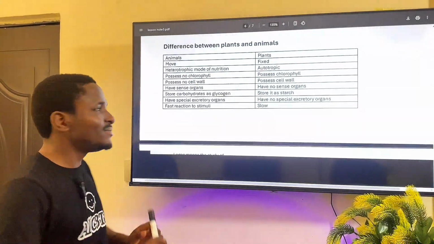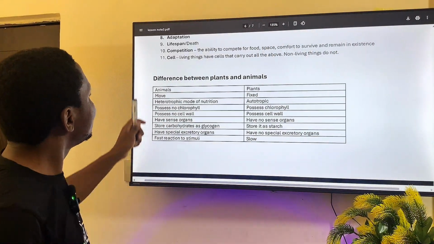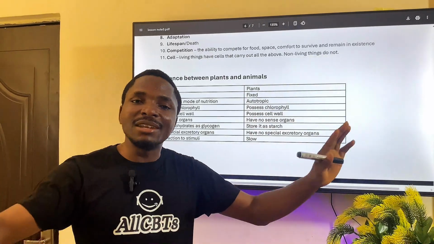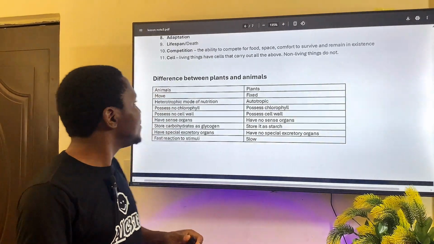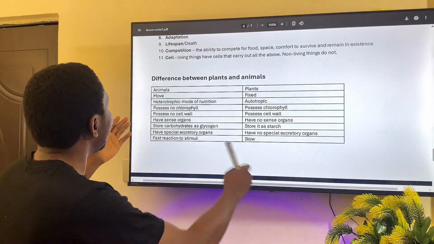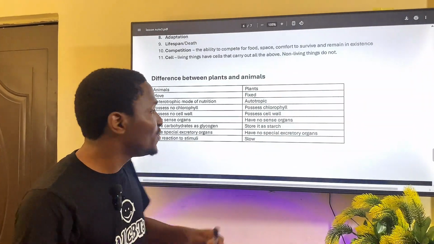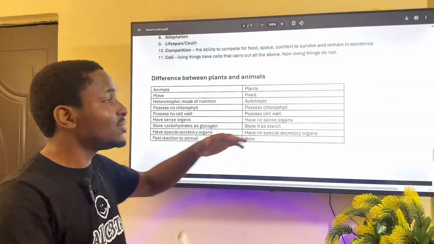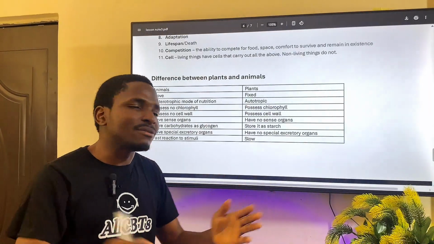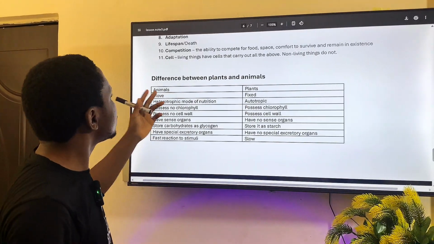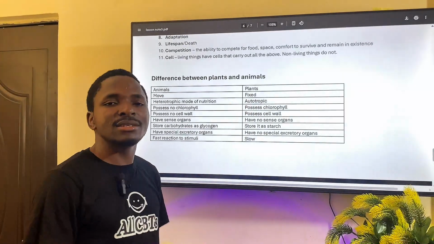Now moving on to the next topic: the difference between plants and animals. What are the differences between plants and animals? Briefly, I have outlined them here. What we just explained, I just put it in a table to make it simpler for you. 1, animals move. Plants are fixed in a position.